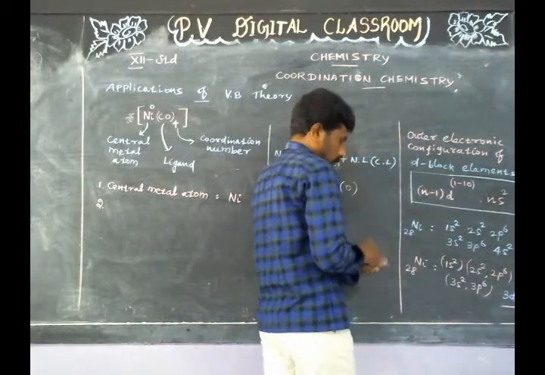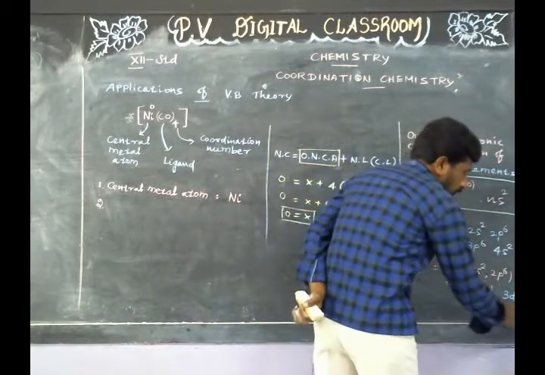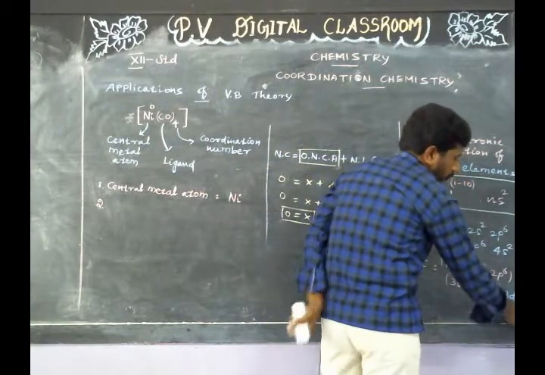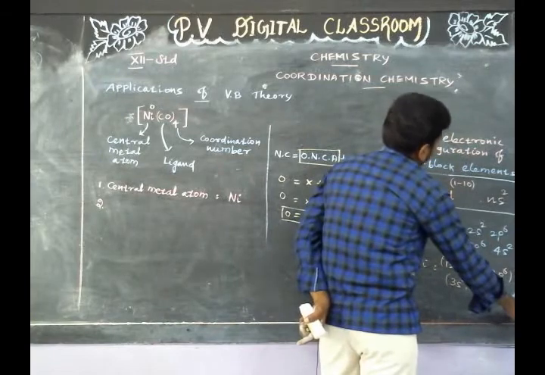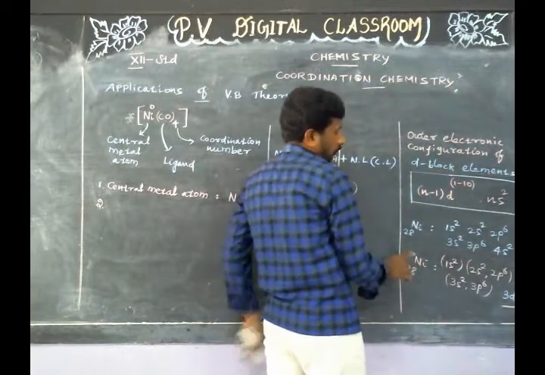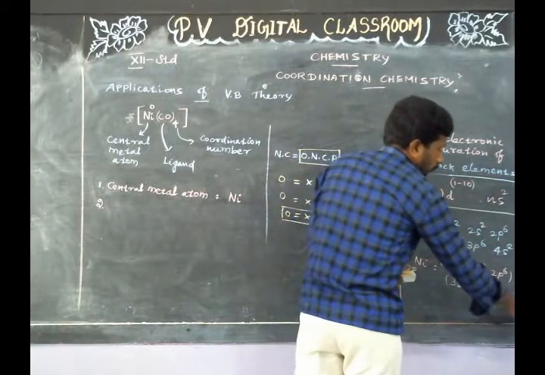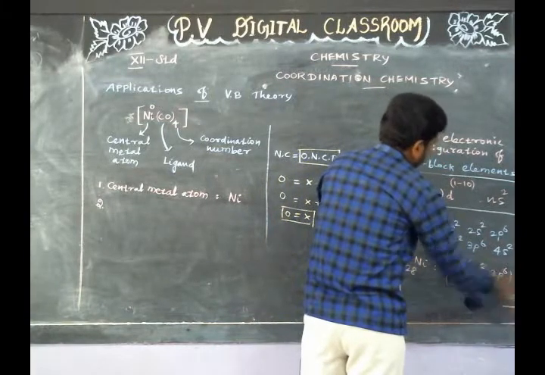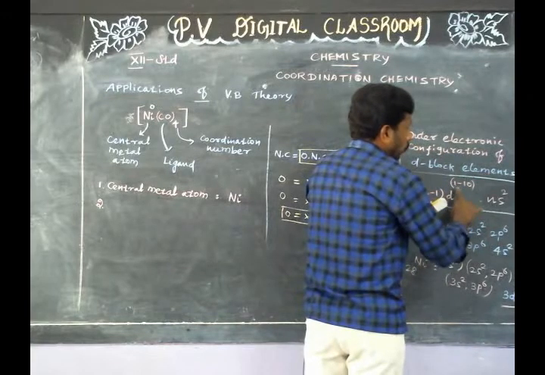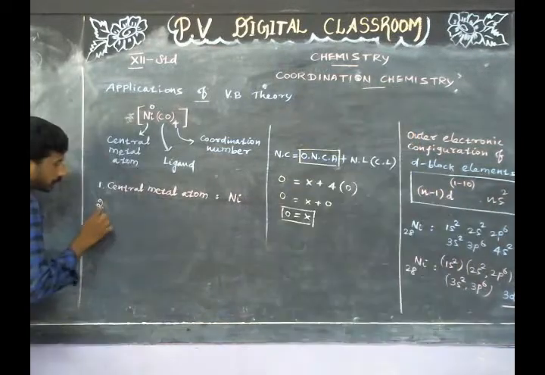Here 3d8, 4s2 is the outer electronic configuration of the nickel atom, since 3d8, 4s2 resembles (n minus 1) d to the power 1 to 10, n s2.